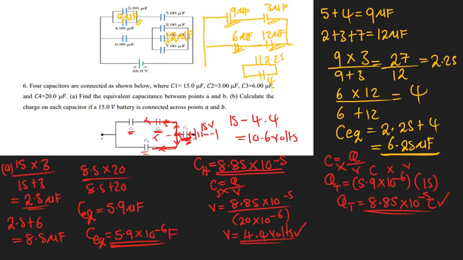Now, you want to calculate the charge at C1 and C2 capacitors. But I want you to remember that C1 and C2 are in series. And because they are in series, when you calculate your capacitor for C1 and C2, you are finding this. Okay? So it is 2.5. And because they are in series, they will have the same charge.